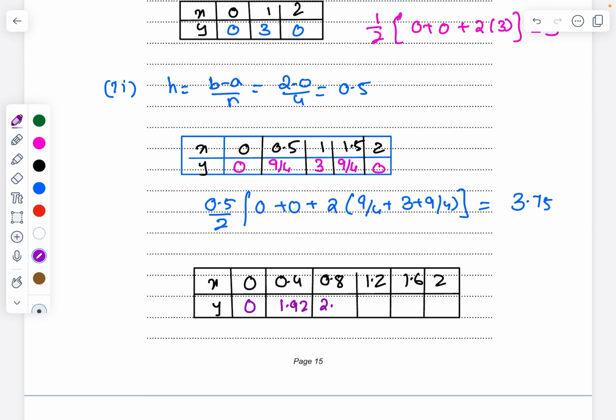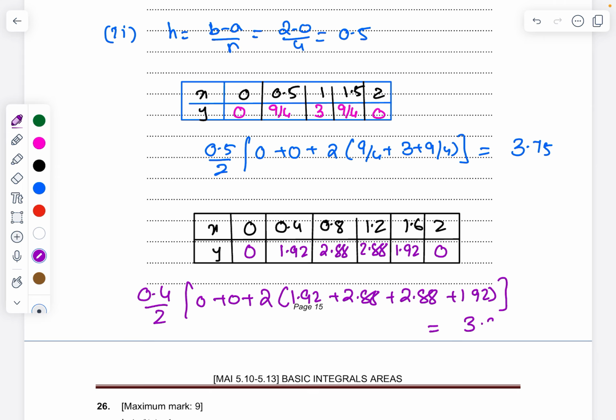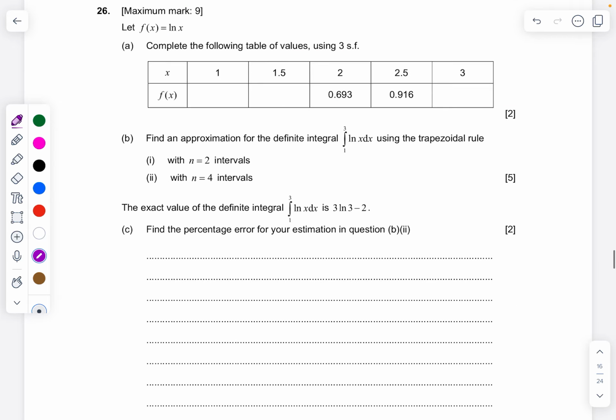When it is 0.8, 2.88. 1.2 is also 2.88. 1.6 is 1.92. And when it is 2, it is 0. So what's the formula? h upon 2, first term plus last term plus twice the sum of remaining terms, 2.88 plus 2.88 plus 1.92. Simplify that, you should be getting 3.84.